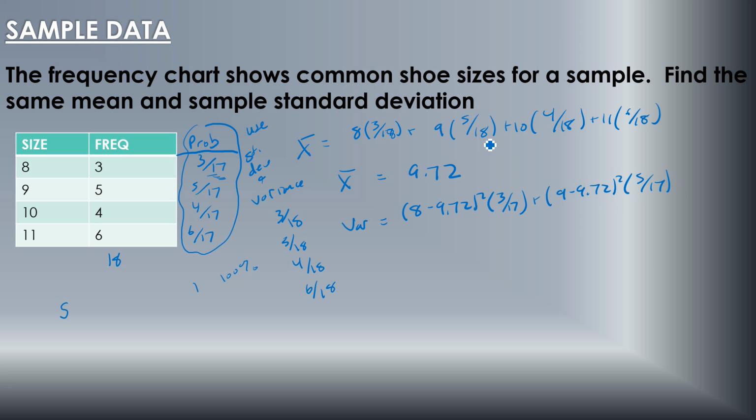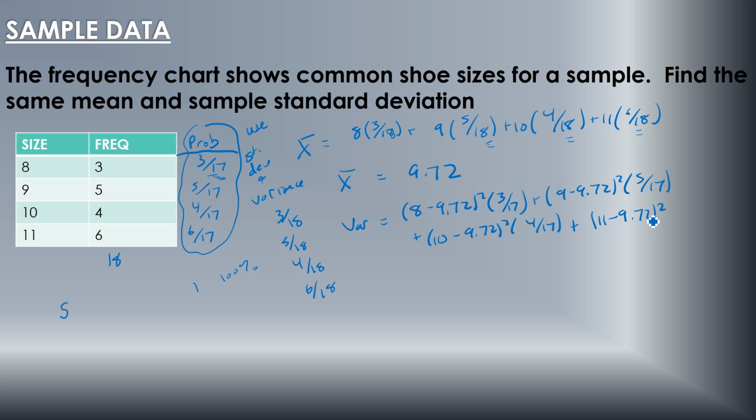So notice the probability I've just decreased by 1 for the variance, and we'll do the same thing for the standard deviation because I only have 17 degrees of freedom. So what's different? Well, everything works the same except the variance and standard deviation. So you just got to remember to change it.